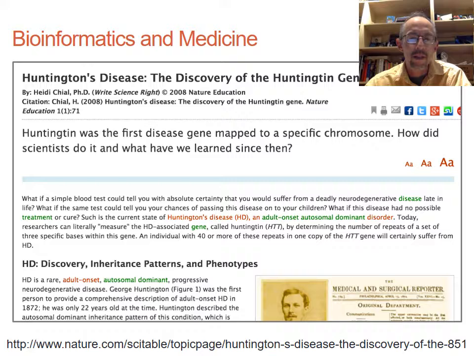Huntington's disease is a great example of a hereditary disease which was understood on some level long ago, but with improvements in technology and our understandings of molecular biology, bioinformatics, and genomics, our chances of addressing the disease at a molecular level and treating it have gotten better and better.